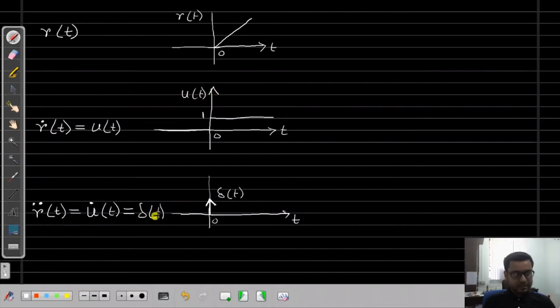And this signal delta t is defined in the following way.